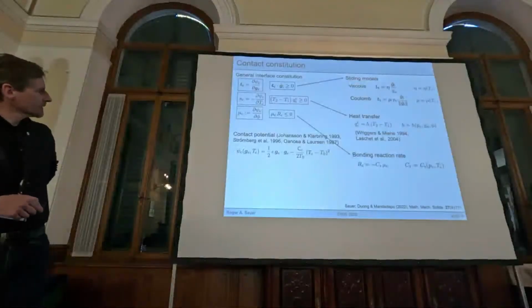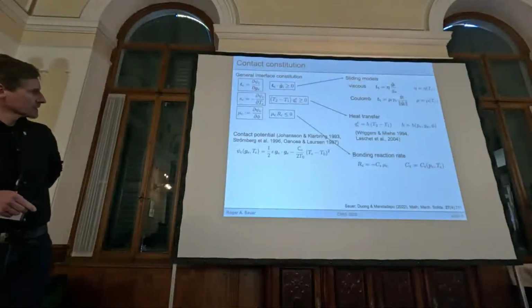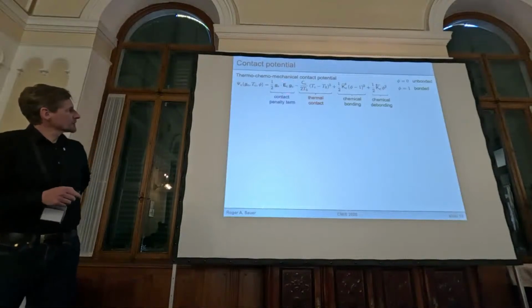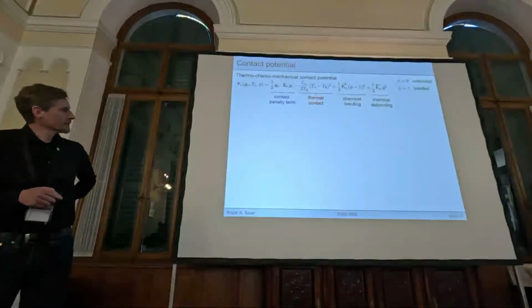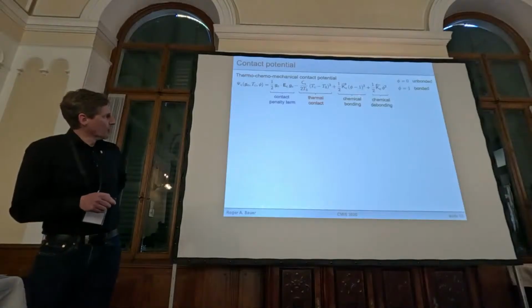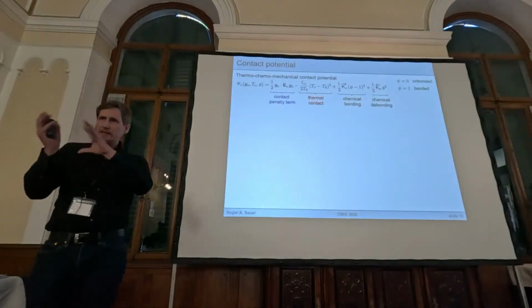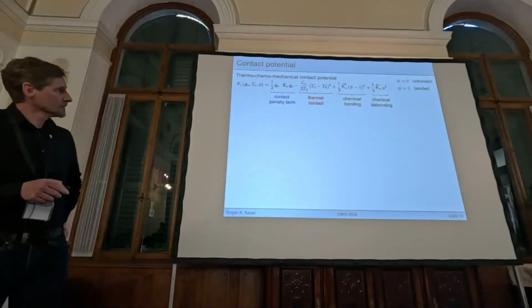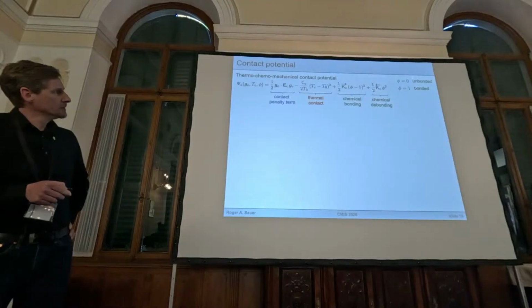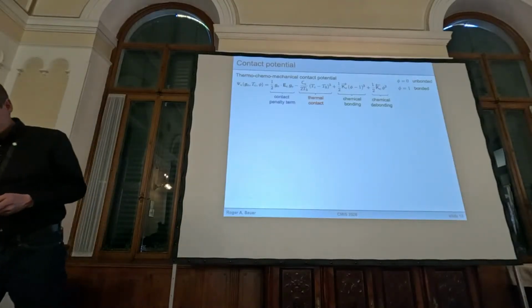So I said I want to extend this contact potential on the following slide. And the way we have done it is to keep those quadratic parts for the mechanical and the thermal part, and add a quadratic part that describes bonding and another one that describes debonding. So depending on what your bonding parameter is, this would be minimal in the fully bonded state, and this would be minimum in the fully unbonded state.